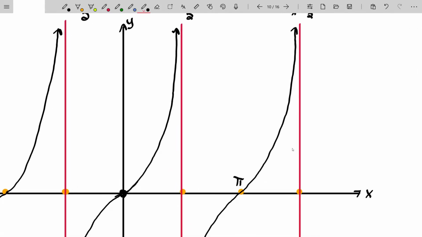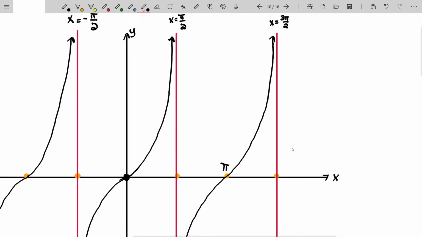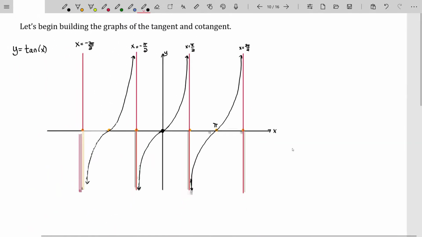Trust me, I will showcase that when we get there. But it is very important to graph the base graph from 0 to pi. If you don't, there are going to be issues with your horizontal compressions or stretches. That's just massively important. So there is the tangent graph.